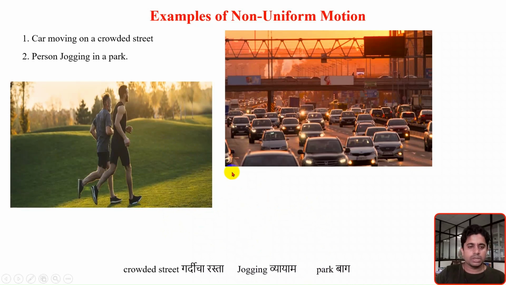So this many variations we are doing, and all of this is an example of non-uniform motion. The motion of the person, or of us, is supposed to be non-uniform motion. Okay, so a car moving on a crowded street and a person jogging in the park are perfect examples of non-uniform motion. Thank you.